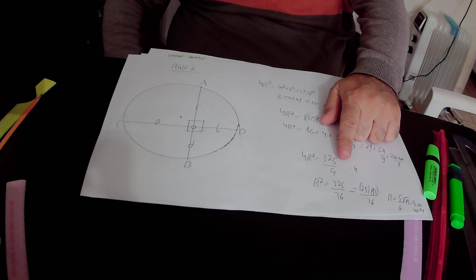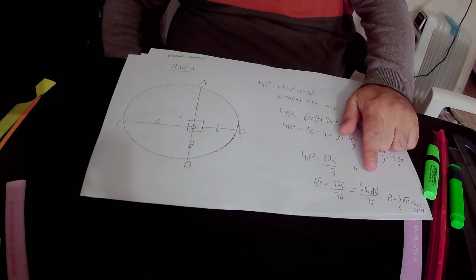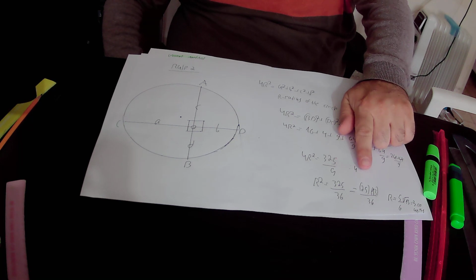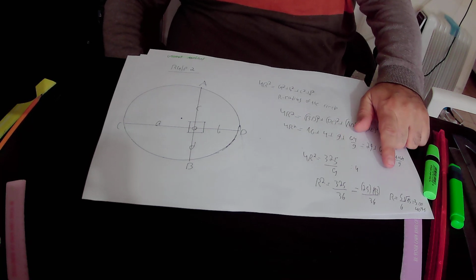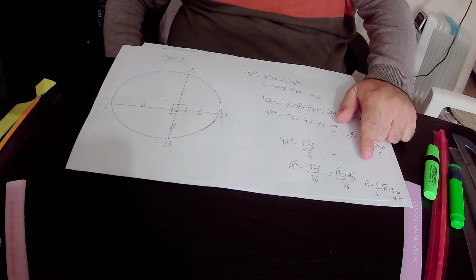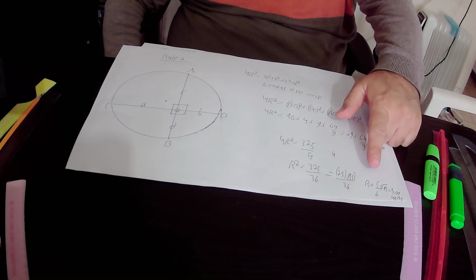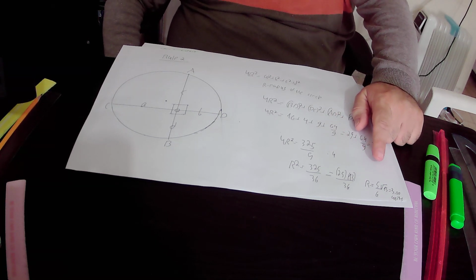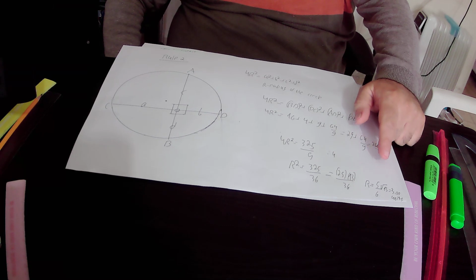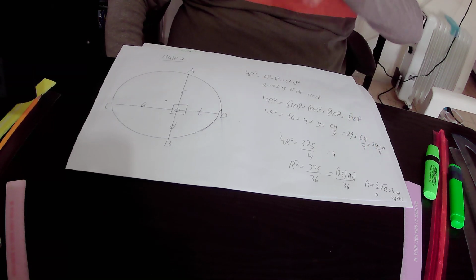But 325 is 25 times 13. We substituted 325 with 25 times 13 over 36. Taking the square root, we found that r equals the square root of 25, which is 5, over the square root of 36, which is 6. So in conclusion, we found that the radius of the circle equals 5 over 6 times the square root of 13, or in terms of numbers, it is a little bit greater than 3 units.